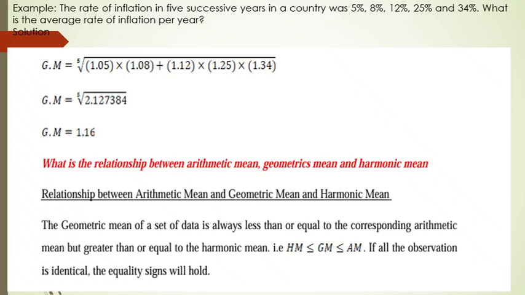So whatever answer we get in geometric mean, we convert it back to percentage by subtracting 1 from it. Because when we want to convert percentage to growth factor, we simply add 1 to it. So when we want to convert back to percentage, we subtract 1 from it.